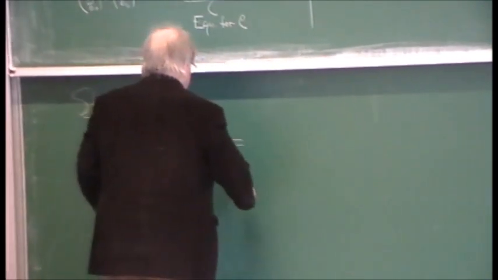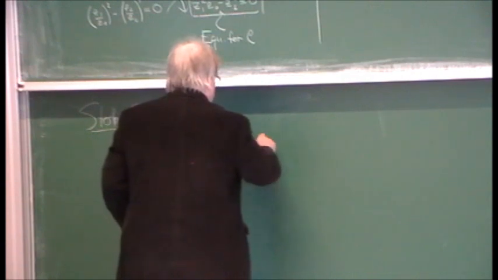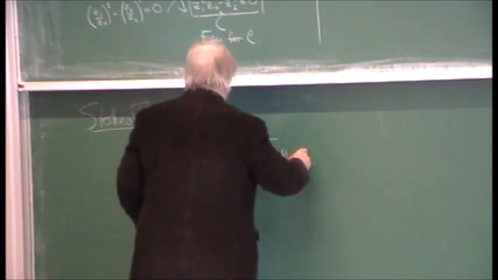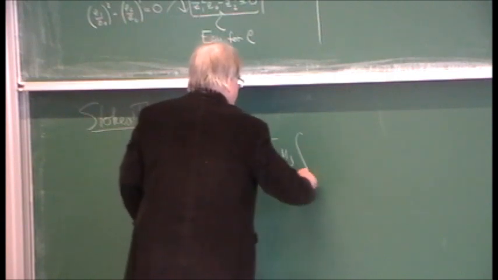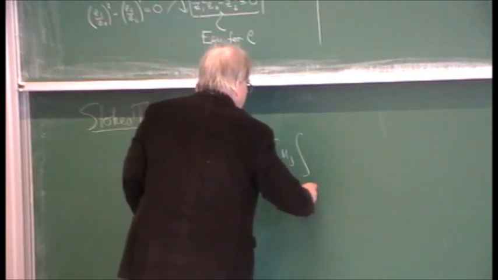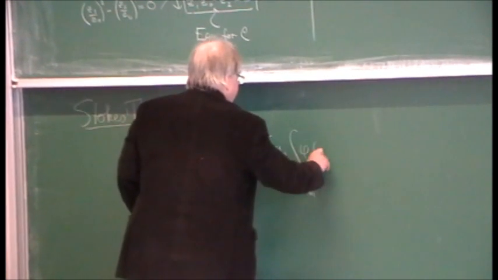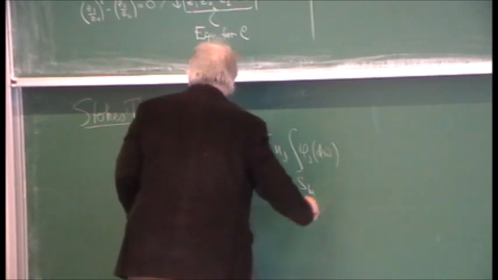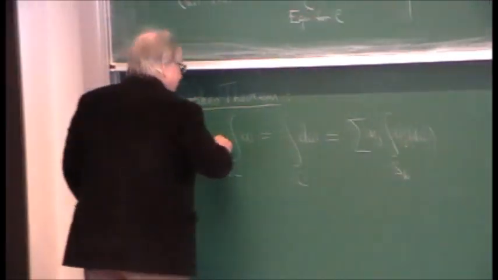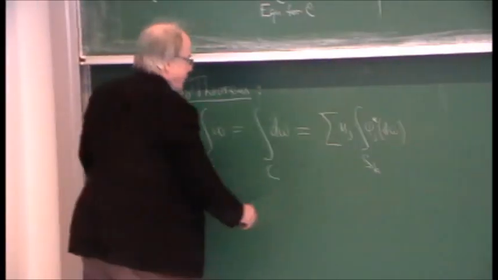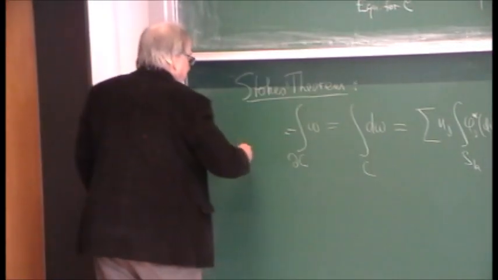This should be the sum of nj times the integral over the simplex sk of phi j star of d omega, and this should be the same thing, only you have to pull it back to the boundary.